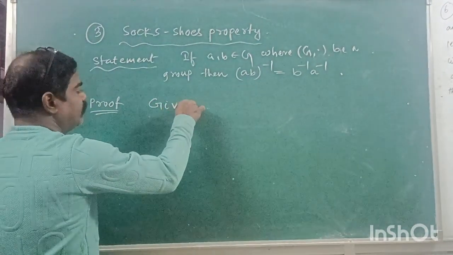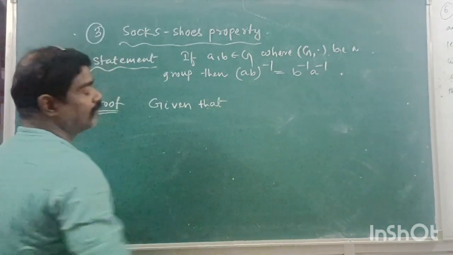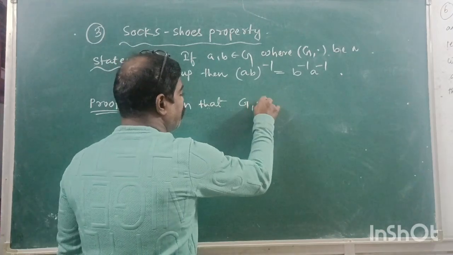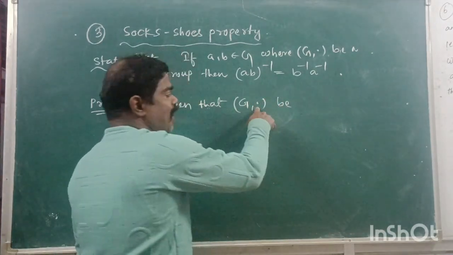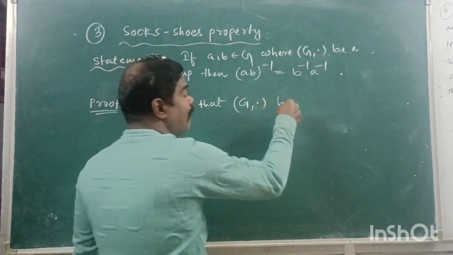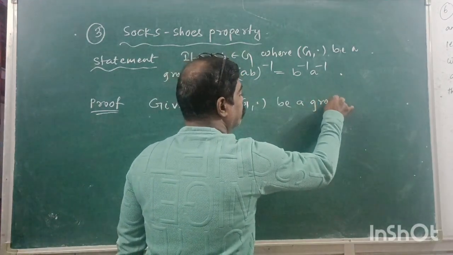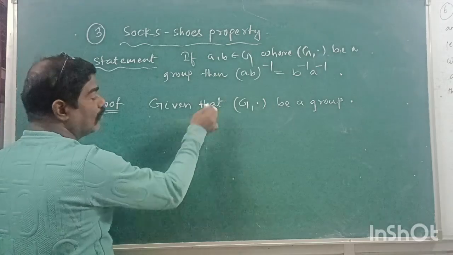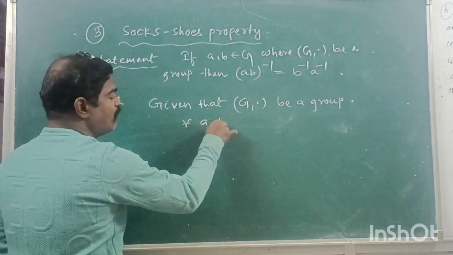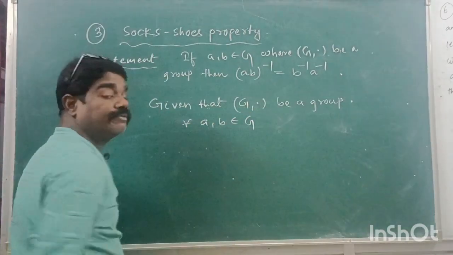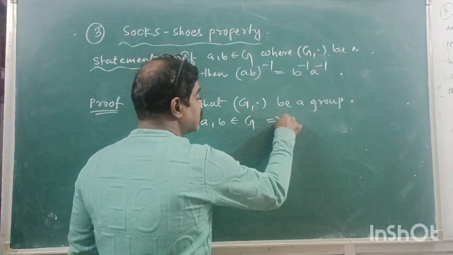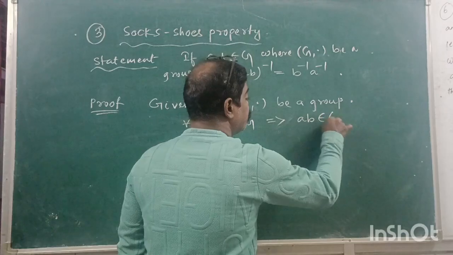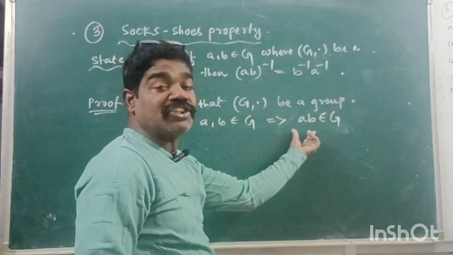Given that (G, dot) be a group. Dot is a what? Binary operation multiplication, right? For all A, B belongs to G, this implies AB belongs to G. Which property this one?